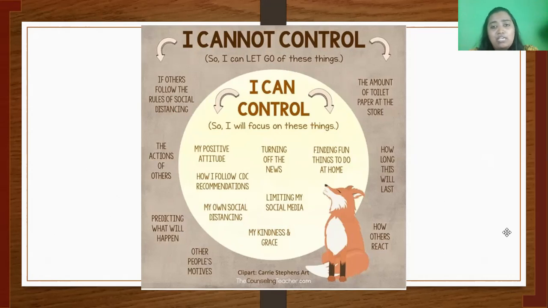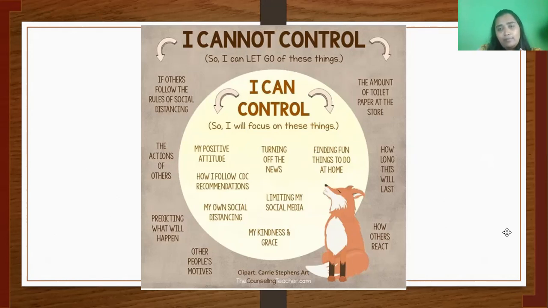There were a lot of families who came together and had a lot of fun games planned and things like that. And limiting social media. These are things that you can control, like how kind and graceful you can be, how you can also manage your social distancing. All of these need to be taken into consideration. This is within the context of COVID-19 I'm telling.